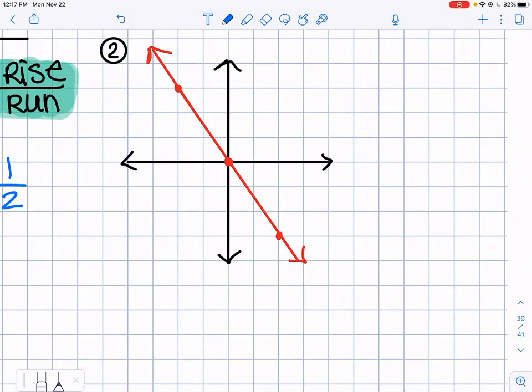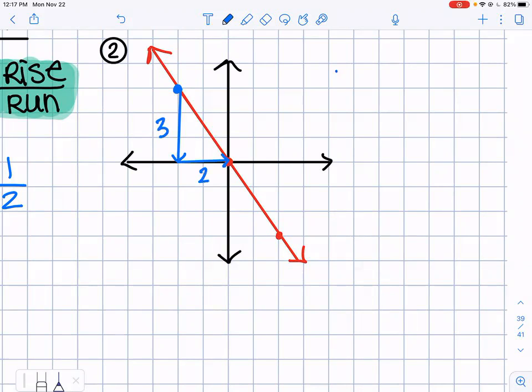You gotta pick a point to start at. I always start on the left and move to the right because then you can't mess up your slope. Okay, so always pick a point on the left, move to a point on the right. So if I pick this one to start at, do I have to move up or down? Down how many? 3. And then I'm gonna move to the right 2.